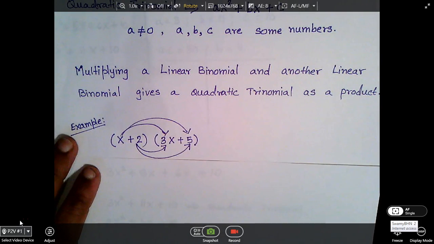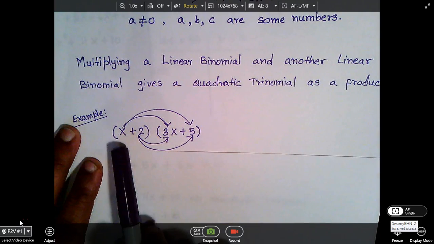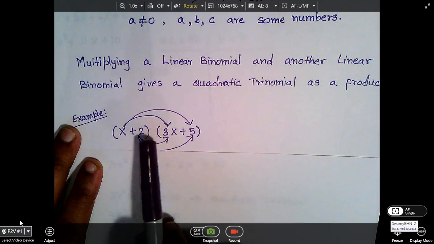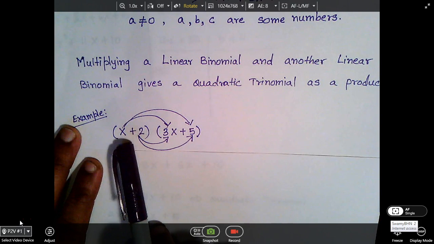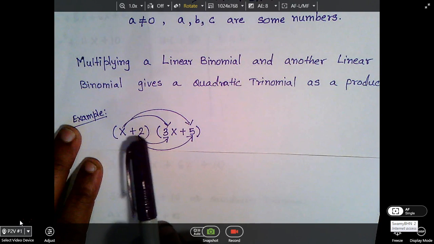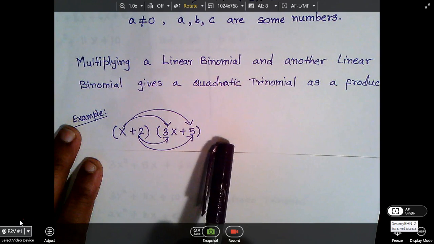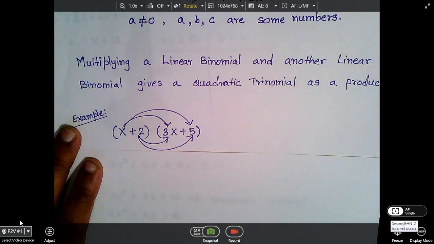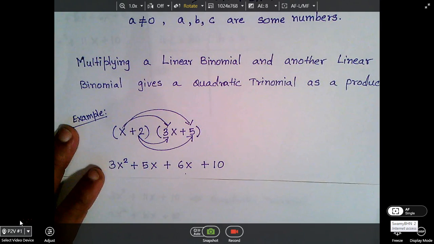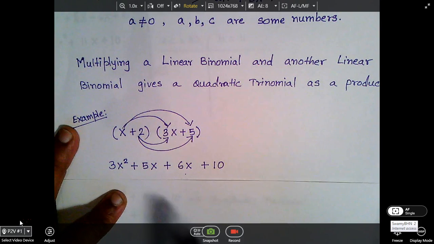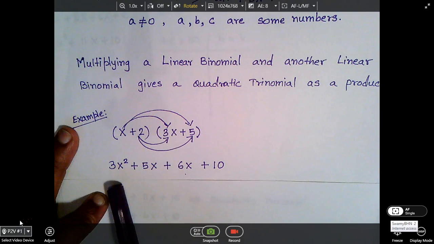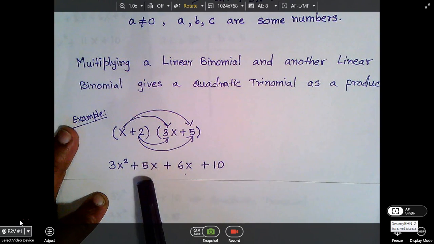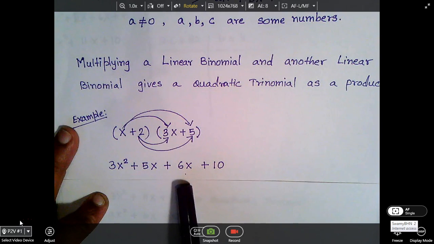So let's take a look at an example. I have a linear binomial x plus 2 times 3x plus 5. It's linear because the degree is 1. It's a linear binomial. This is also a linear binomial. When I multiply the two linear binomials, I get this first step where I do the FOIL. I have x times 3x, 3x squared, x times 5 is 5x, 2 times 3x is 6x, and 2 times 5 is 10.